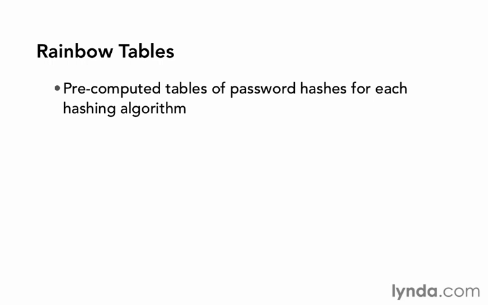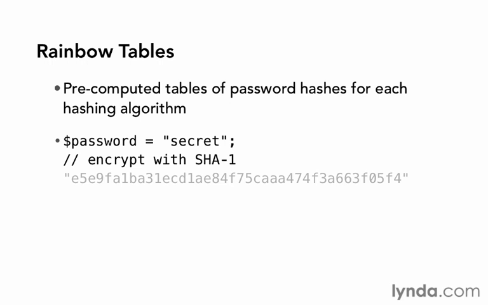very long time. But what if we pre-compute those values? What if we go ahead and try every combination and store the result of that in a database or in a table so that we can look it up? So for example, if our password is secret, we encrypt it with SHA-1, and then the result that we store in our database is E5E9FA1B, and so on.